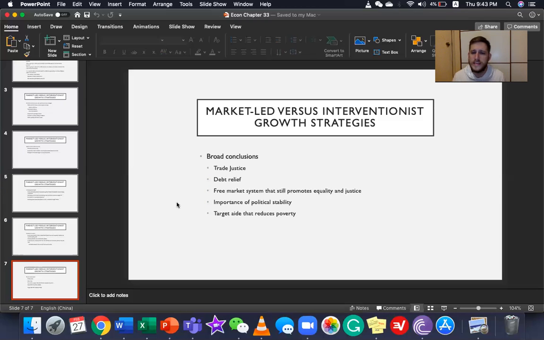And the last part here is that everything is balanced. You need balance in everything. You can't go one way or the other. You have to go a little bit of both. And the last part was dealing with aid. Countries can't become reliant on aid, but you can't just say you're not providing aid.